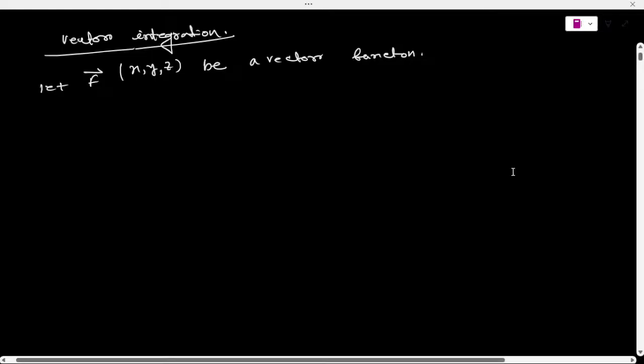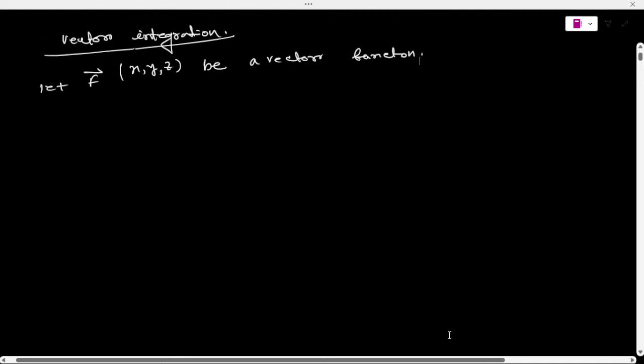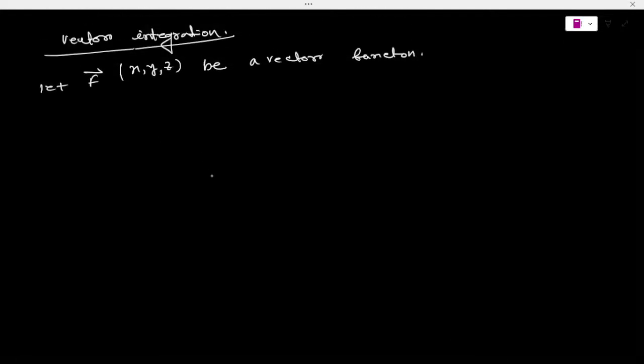Okay. So before writing a vector function, I want to draw a curve. Let's say from this point, named O, and this is x. And P is a point on the curve.